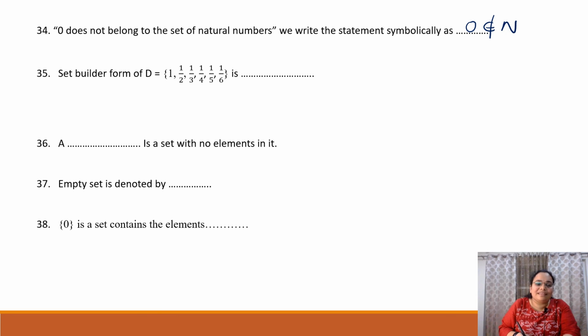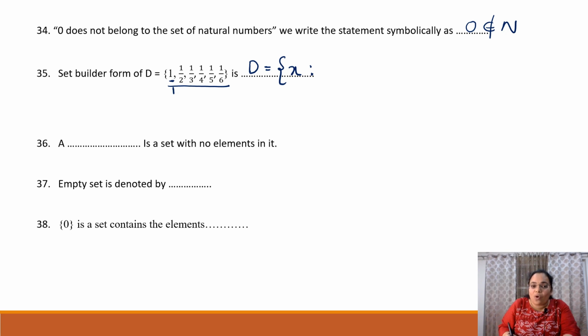Okay. The next one, they have given the roster form. We need to write it in set builder form. D is equal to X such that, if you see here, this is in the form of 1 by 1, 1 by 2, 1 by 3, 1 by 4, 1 by 5 and 1 by 6, right?